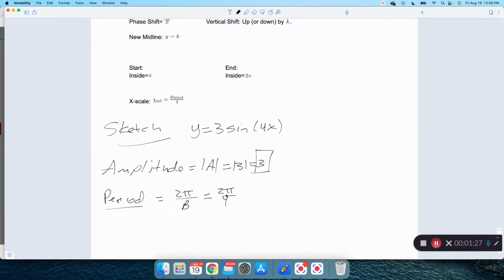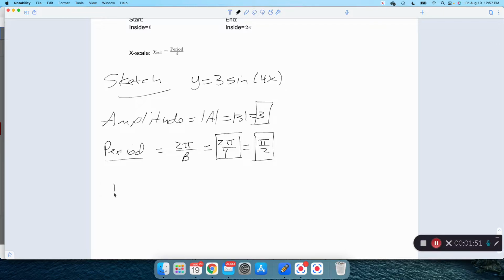I'm going to go ahead and reduce it, but keep in mind, 2 pi over 4 is a perfectly good fraction. There's nothing wrong with it. But I could cancel a 2 out of top and bottom and call that pi over 2. So I'm going to circle both of these. I don't know which one I want to use because I don't know what I want to count by yet.